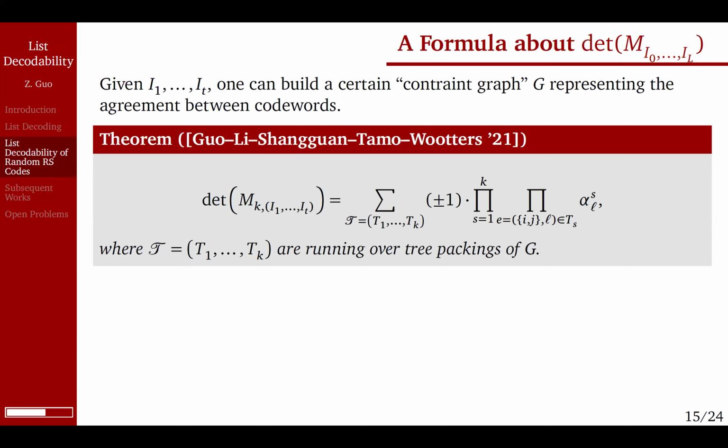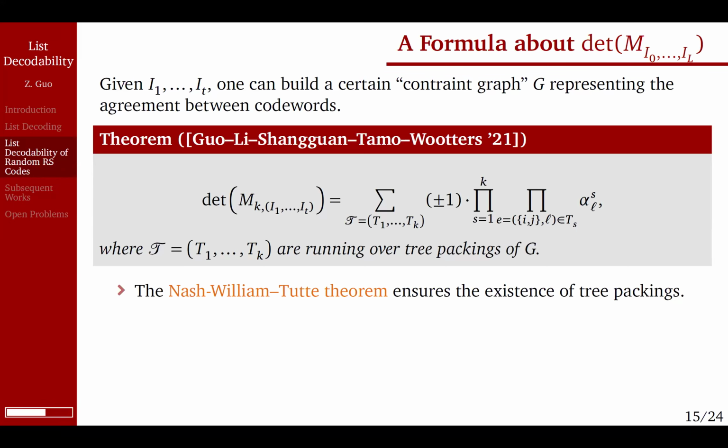So basically, every tree packing gives you a monomial with coefficient plus or minus one. We need at least one tree packing for this to be possibly non-zero, so we must at least show that there exists one tree packing.